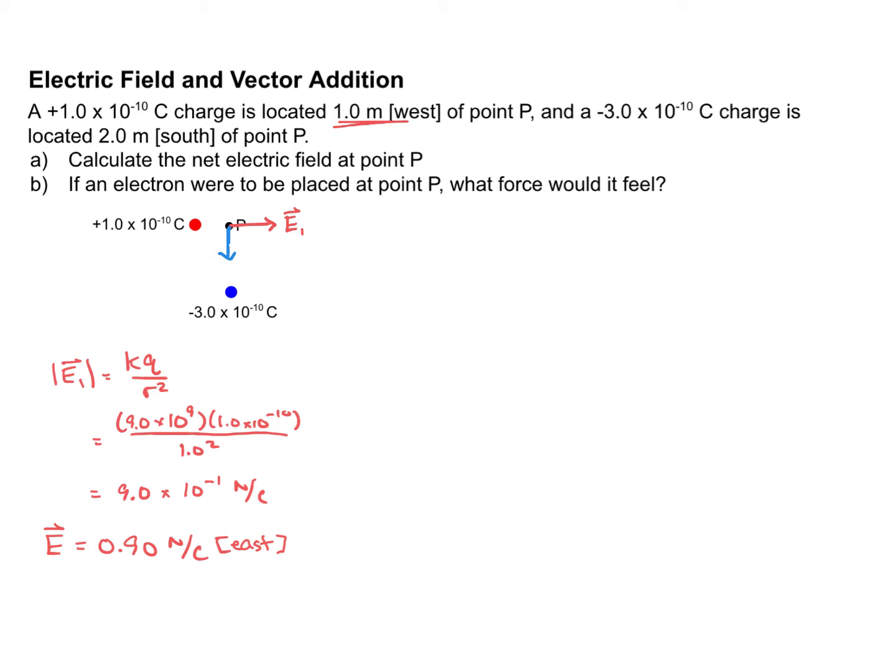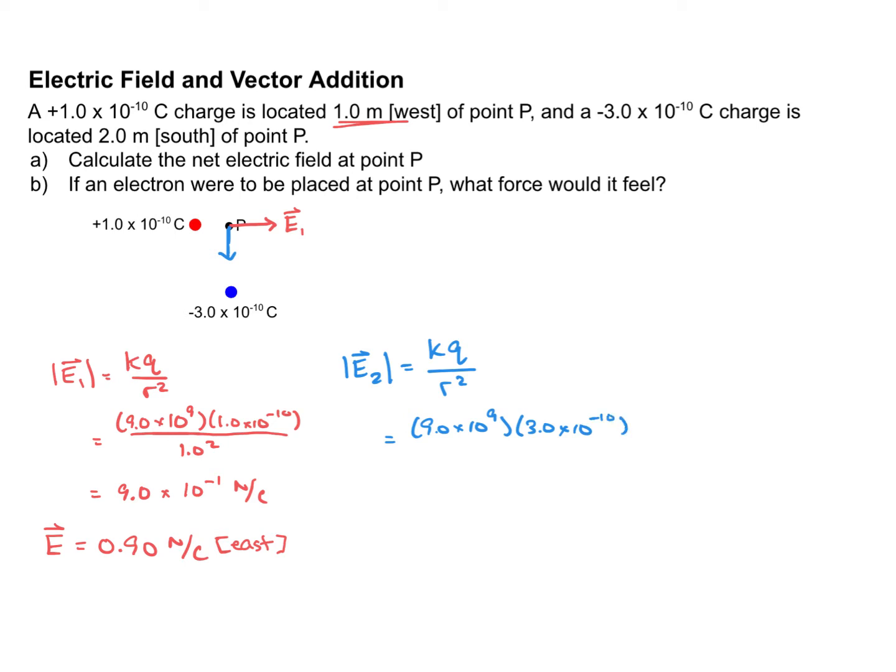I'm going to calculate the value of it. Same formula. Just apply the blue values. I'm going to put positive 3.0 times 10 to the negative 10.